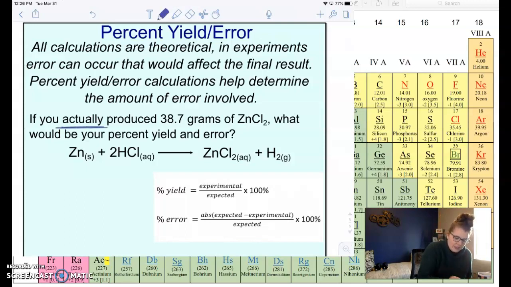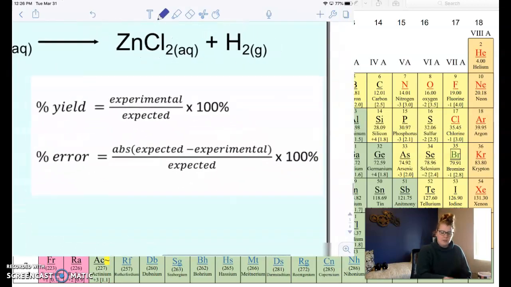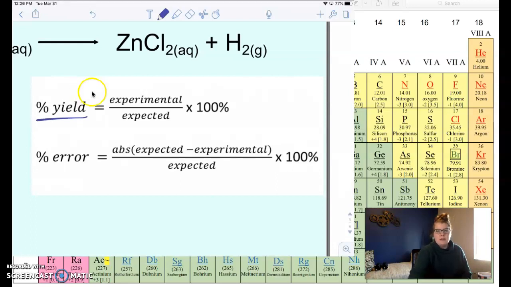So let's say I actually produced 38.7 grams of zinc chloride. All right, I filtered it, I measured it, that's the amount that I got. Percent yield and percent error is a way for us to measure as scientists how good of a job we did. So if you want to look at these basic equations here, percent yield is your experimental minus your expected.